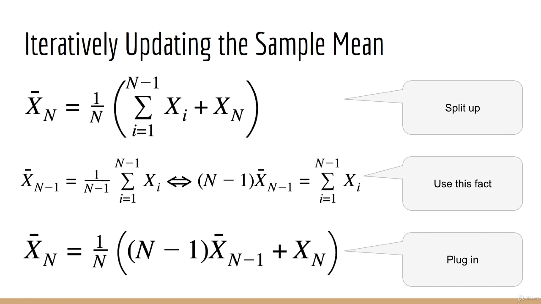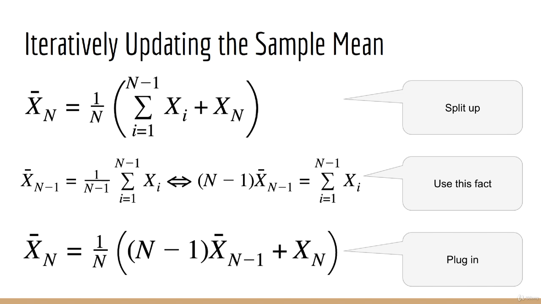Okay, so here's what you do. First, you can take x bar n and split up the summation so that you only sum up to n minus 1. Then you leave x subscript n by itself. This is just the last sample that you've collected. The next step is to realize that the sum of the xi's from 1 up to n minus 1 can be expressed in terms of x bar subscript n minus 1.